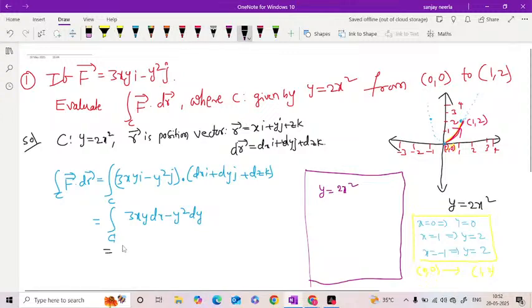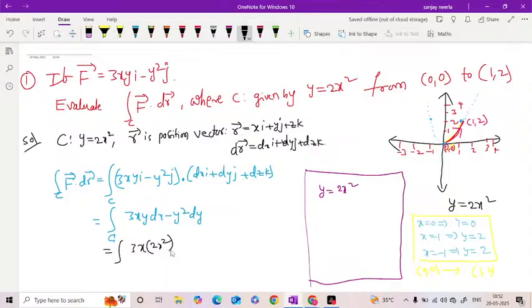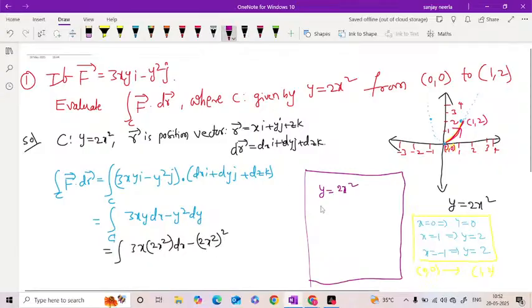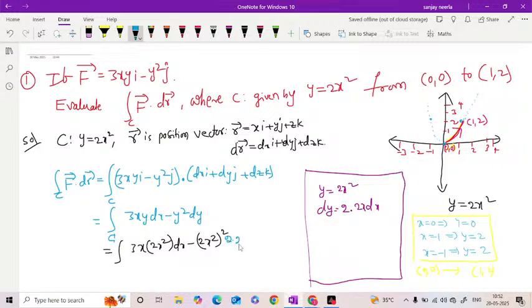Now the integral of 3x, already we have y is equal to 2x square, into dx, and minus y square, that means 2x square whole square, and dy. So dy is very easy, because after differentiating we will get dy is equal to 2 into 2x into dx. That means in place of dy we can write 2 into 2x into dx.